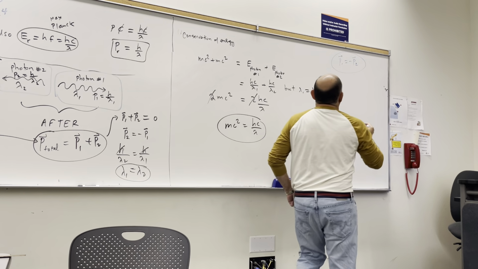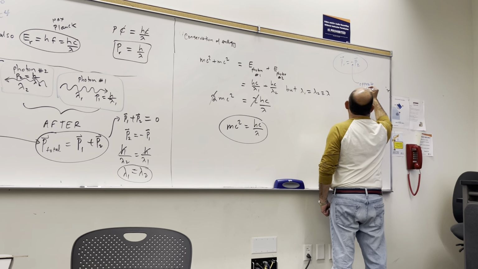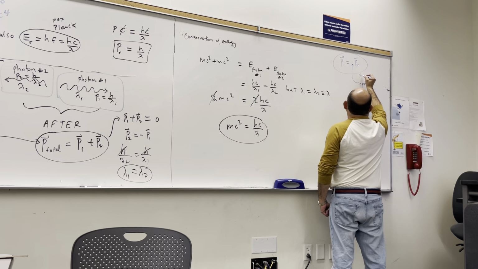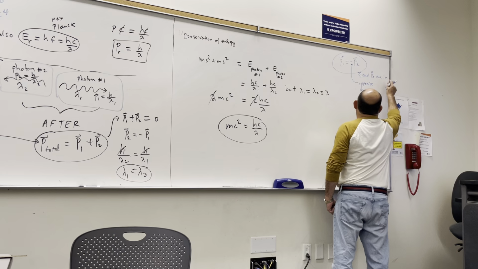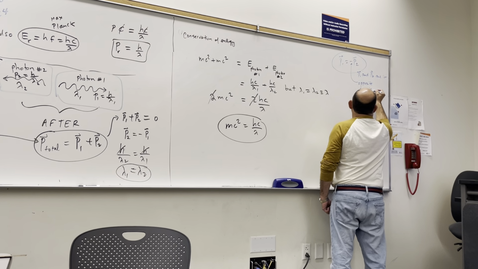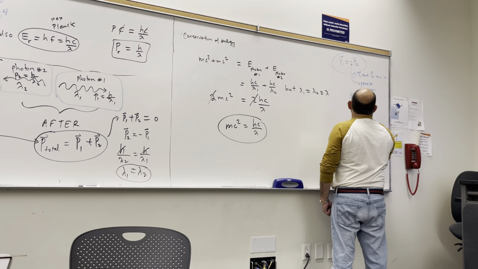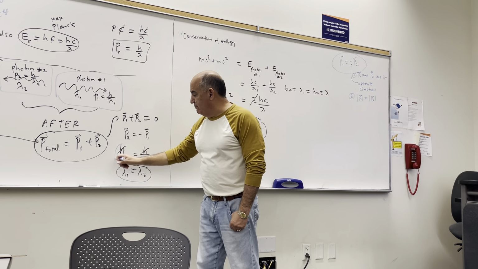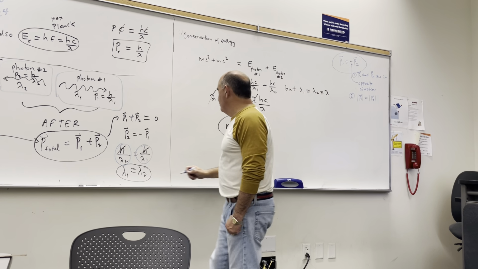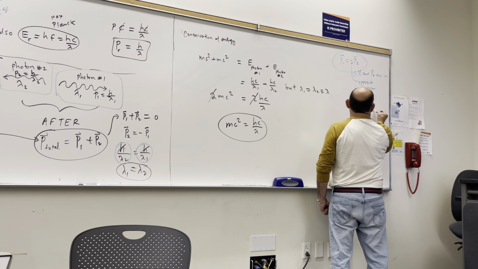So the minus sign means that the two vectors, P1 and P2, are in opposite directions. That's one of the messages, but the other message is that the magnitude of P1 is equal to the magnitude of P2. So if I write down the magnitude of P1 equal to the magnitude of P2, this would be h over lambda 1 equals h over lambda 2.